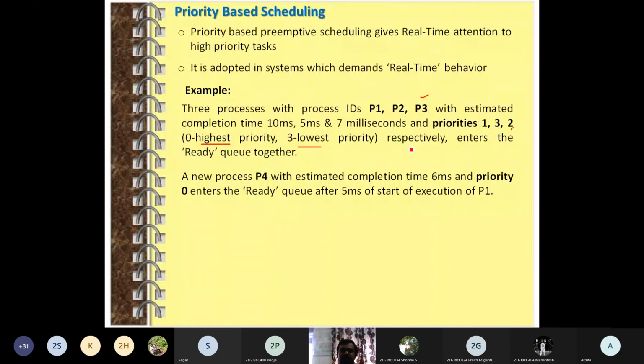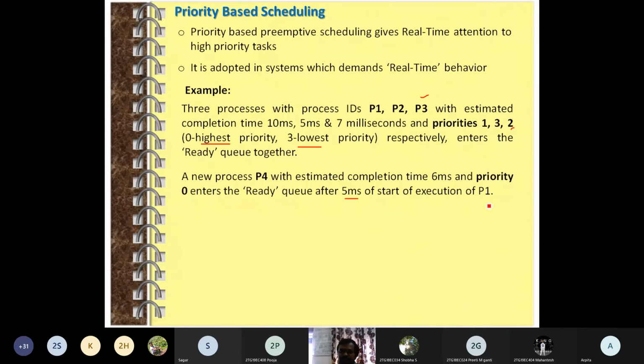Each process starts executing one by one, P1, P2, P3, based on priority. Meanwhile, a new process P4 arrives with priority 0, and it needs 6 milliseconds to execute. It arrives 5 milliseconds after the beginning of the system process.